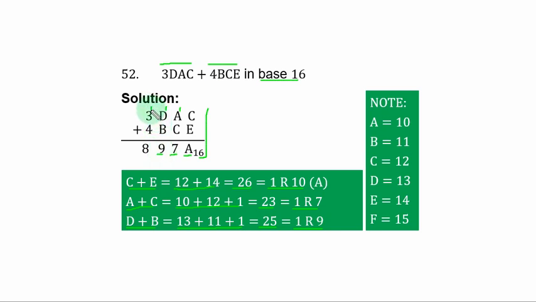If you add the last column, you have 3 plus 4, that is 7, plus the 1 you carry, 8. So you pull down 8. You only divide by 16 when the answer is 16 and above. So the result is 897A in base 16.